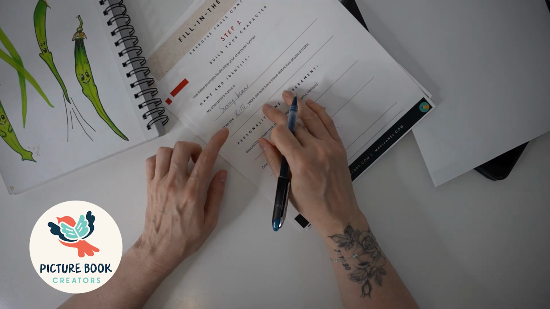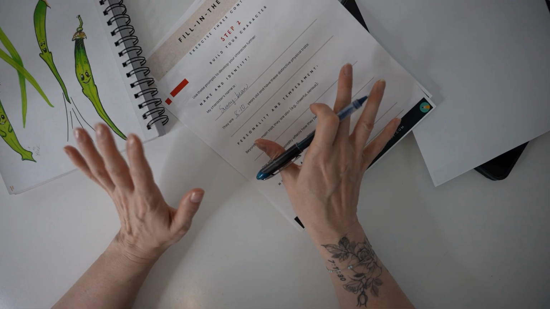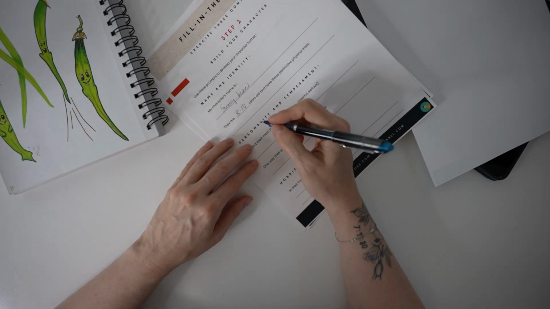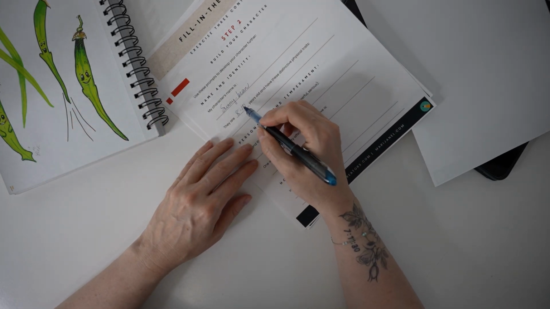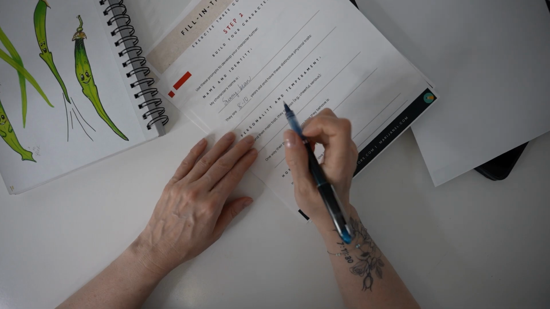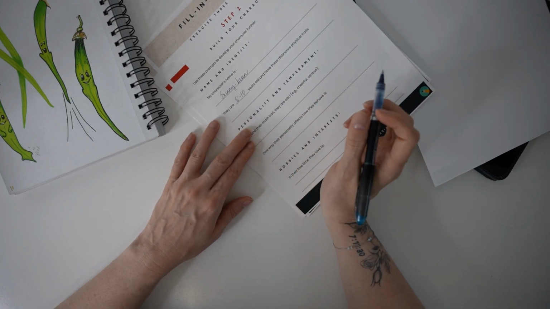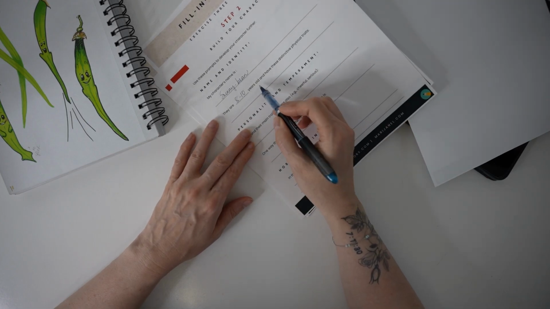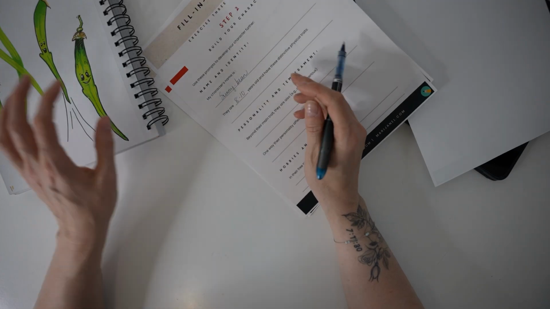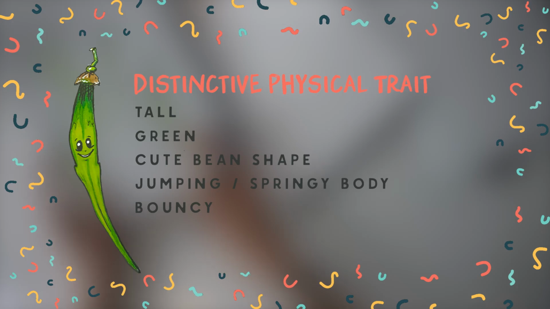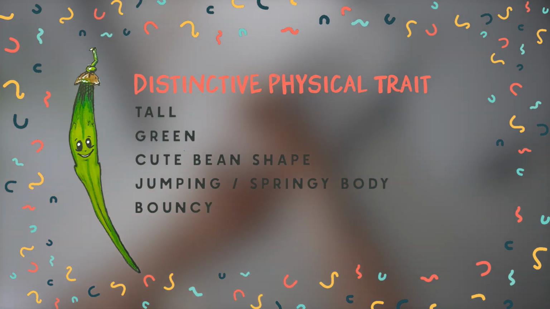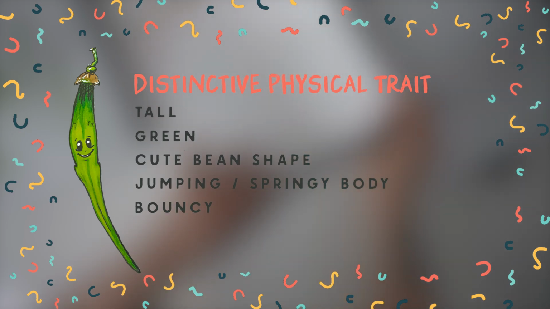The reason being is that I'm actually covertly writing about my own son at around that age and his love for jumping on the trampoline. He was about 10 when this was happening, and he has the distinctive physical traits of, well, my character is a green bean. So tall and green and clearly a bean. And a cute little jumping bean.